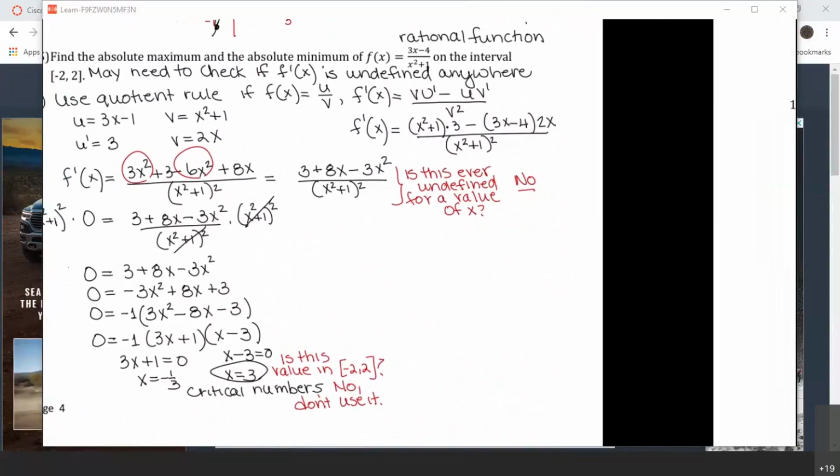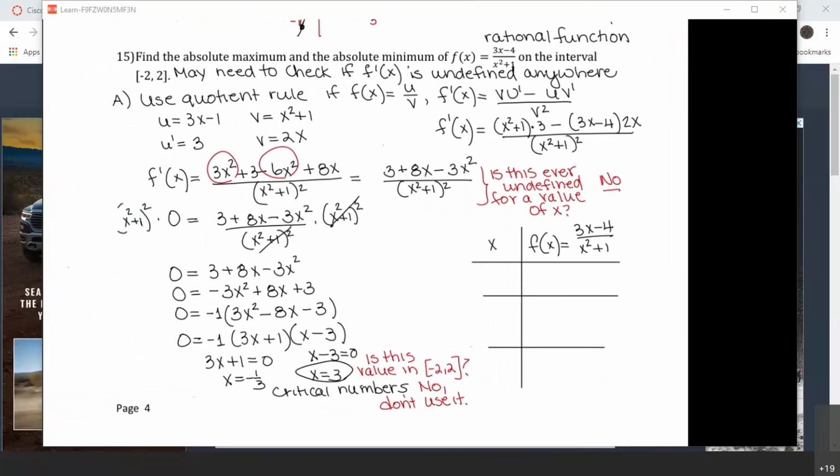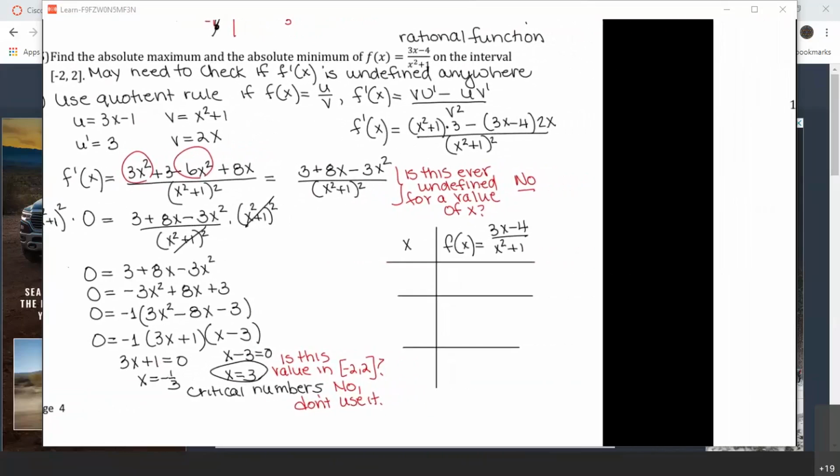So I'm going to do the same kind of table again. I'm going to put my x values on this side, and then I have my f of x here, which is the original function. I'm just going to evaluate. I've only got 3: -1/3, -2, and +2.